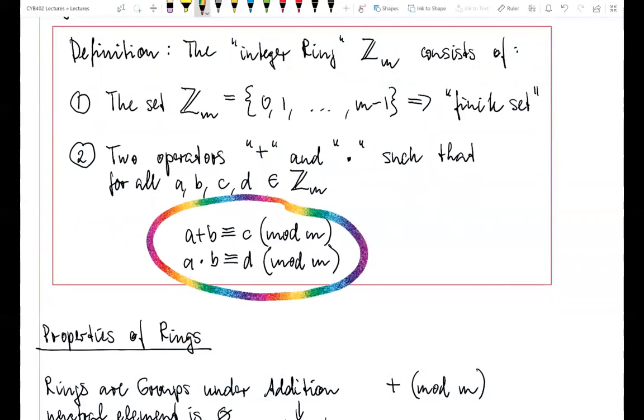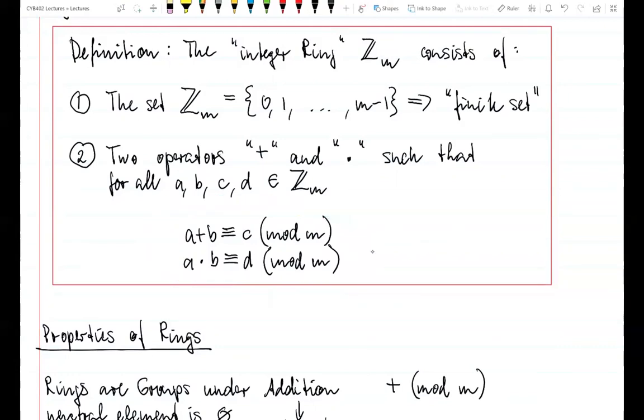So we have a modulus, and the modulus coincidentally is the m that we have as a subscript here. So a plus b is congruent c modulo m. That's how the plus operation is defined. And a times b is congruent d modulo m. This is how the times operation is defined.